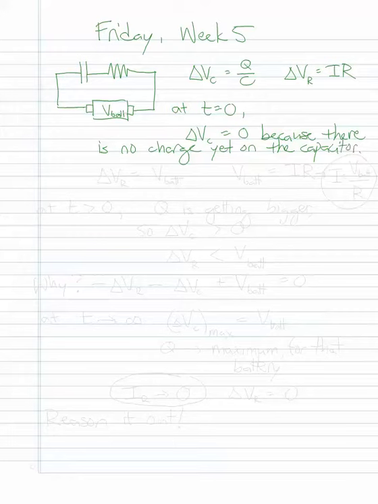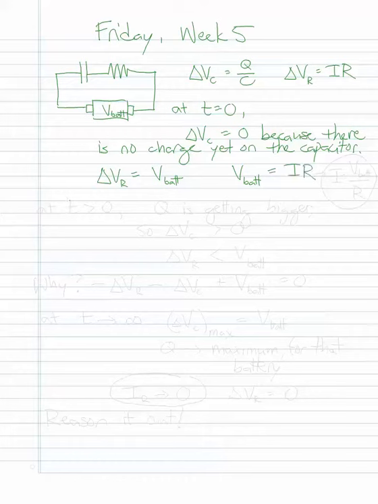But that means then, therefore, because the voltage drop across the capacitor is 0, the voltage drop across the resistor has to be the voltage of the battery. So that means that the voltage provided by the battery is equal to I times R. So that's at time equals 0.